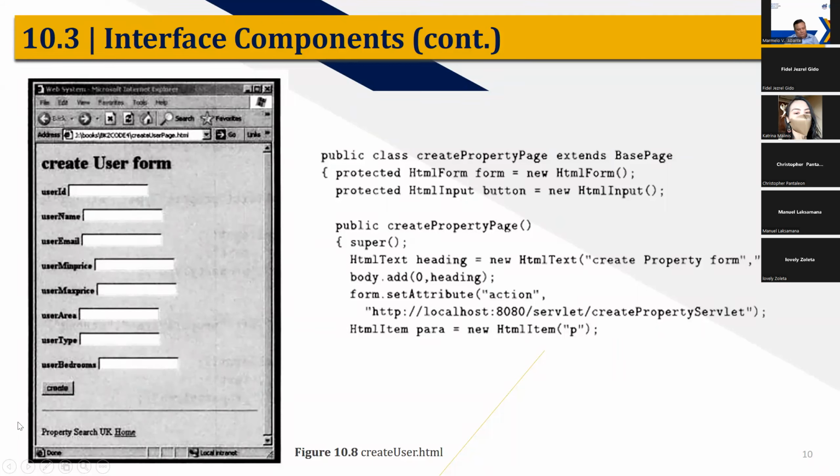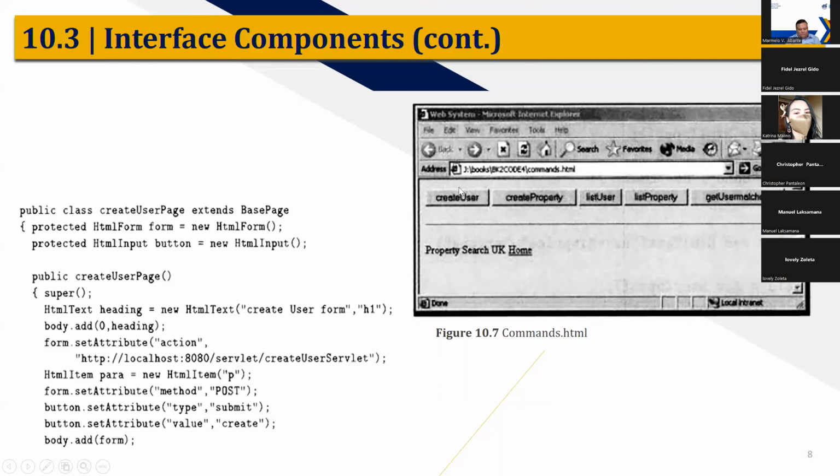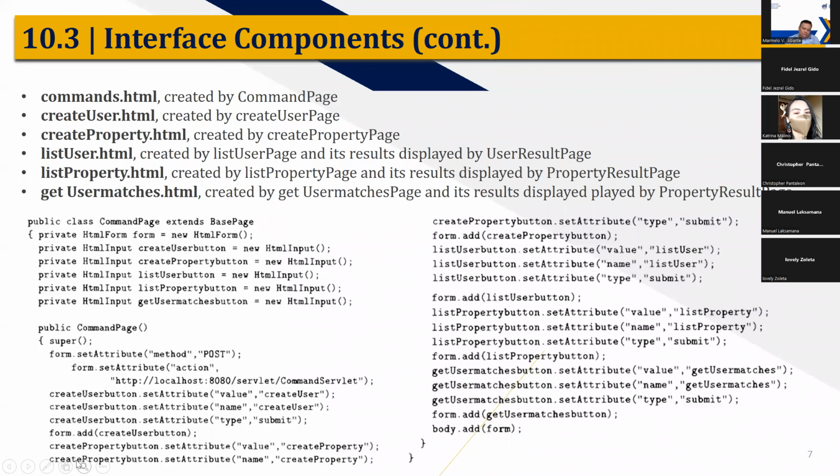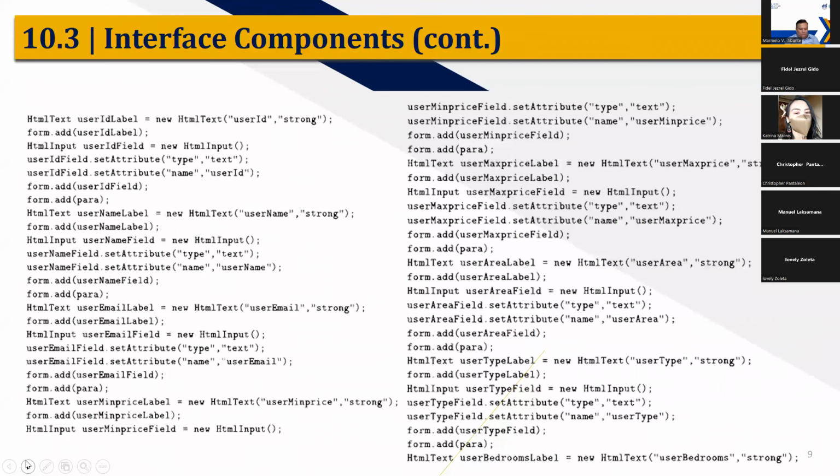Again, this one web page HTML script is only one component of the commands.html page we made. If you look, these are the components, those 5. They are represented here. If you click these buttons, it will show their respective web pages that serve as their functions.